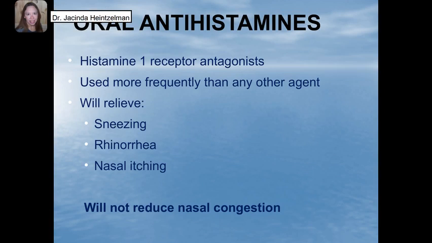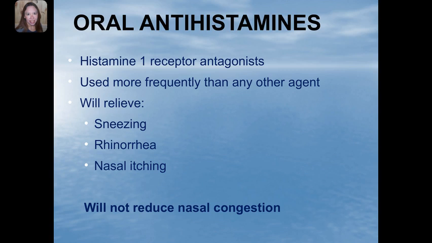Another class of medications that we can use, and again, it goes back to the pathophysiology with the inflammatory process, we can use antihistamines to treat allergic rhinitis. So antihistamines, they are histamine 1 receptor antagonists. These are going to be used very frequently, more frequently than the next classes of medications that we're going to talk about.